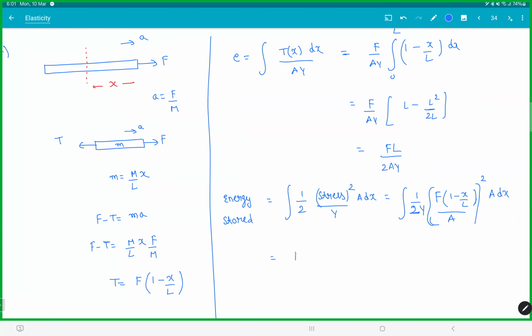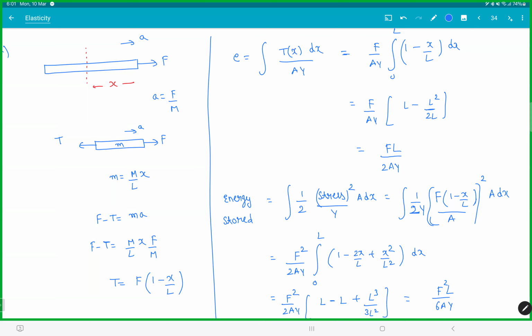I can expand this. This will be F square by 2AY integral of (1 minus 2x by L plus x square by L square) dx. The integration is all x power n, so this turns out to be F square by 2AY times (L minus L plus L cube by 3L square), which is F square L by 6AY.